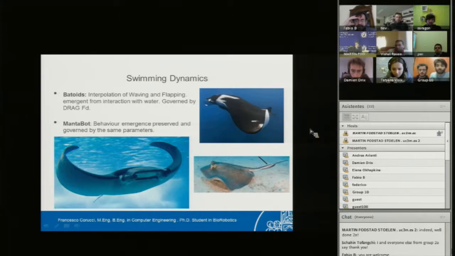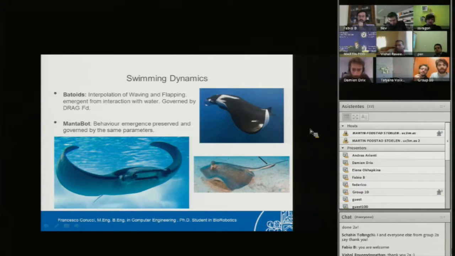In the right bottom there is another type of batoid that uses prevalently a sort of undulation mechanism, and you can see a wave that is traveling. The nice thing was that, even with discretization, we were able to preserve this mechanism, and it emerged from the interaction with the water, so it was not set by us.